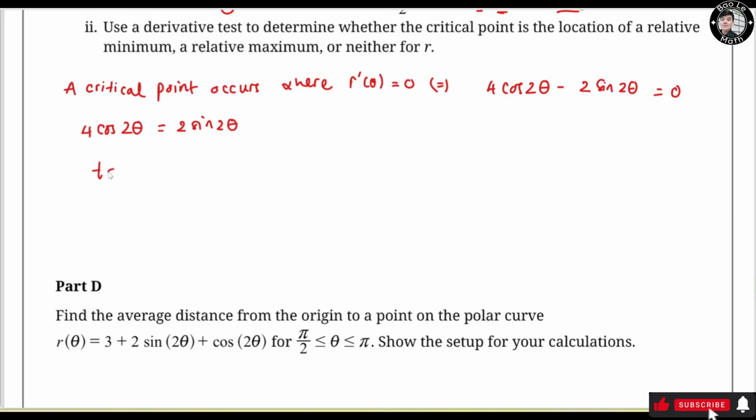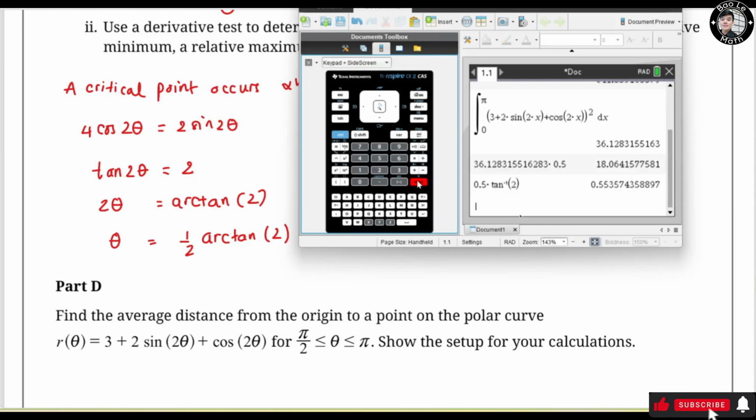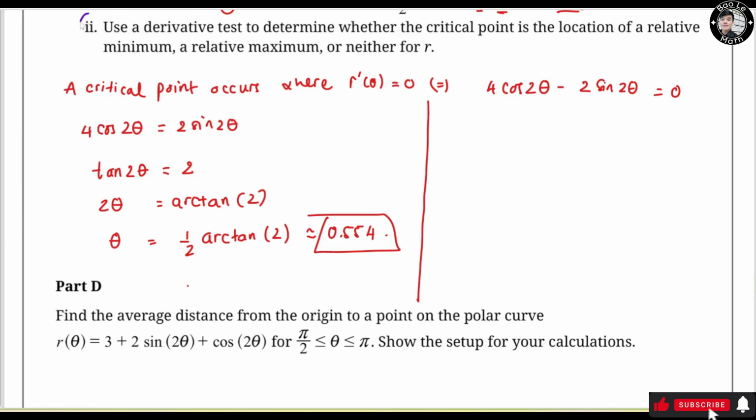It turns out to be tangent of 2 theta equals, and divide both sides by 2, it's going to be 2. Then we have 2 theta equals arctangent of 2, so theta equals 1/2 arctangent of 2. Now we're going to bring up the calculator. Hit Ctrl Enter. It's going to be 0.554.